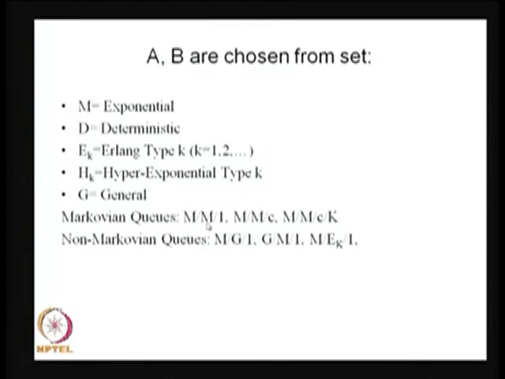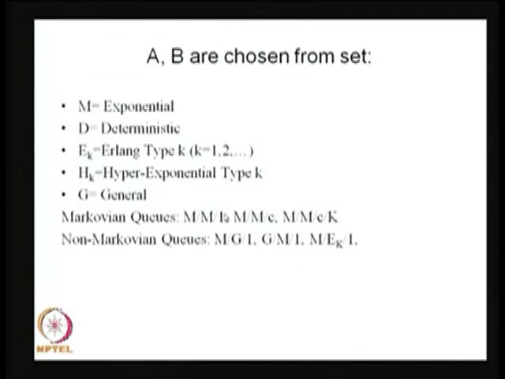In these examples the inter-arrival time and service time both are exponentially distributed. By default they are independent also, and the third letter denotes the number of servers in the system. Here there is only one server. Here C means it can be greater than or equal to 1, that is a multi-server system, and the fourth letter K means the capacity of the system.